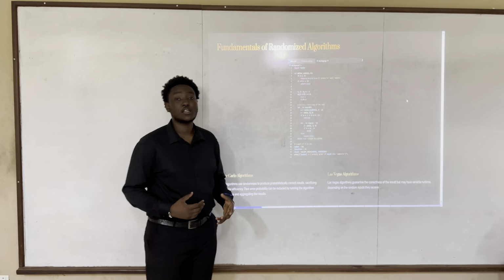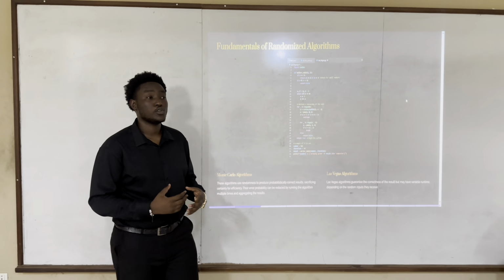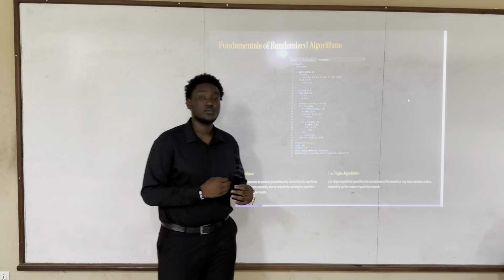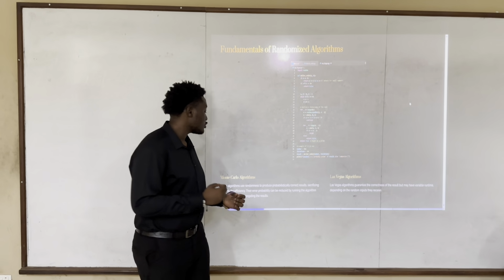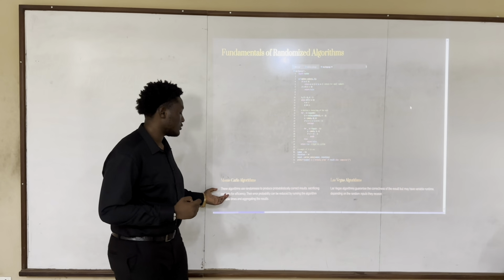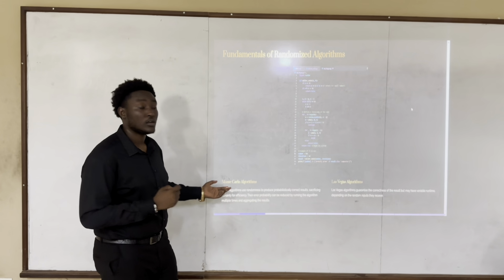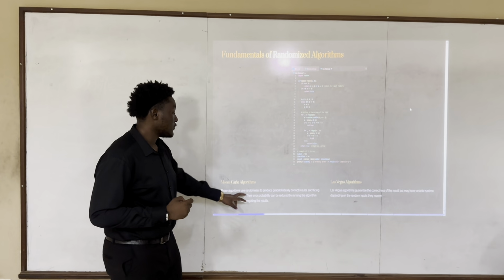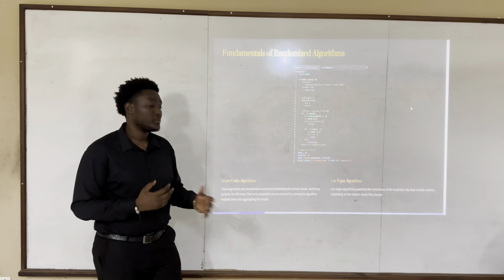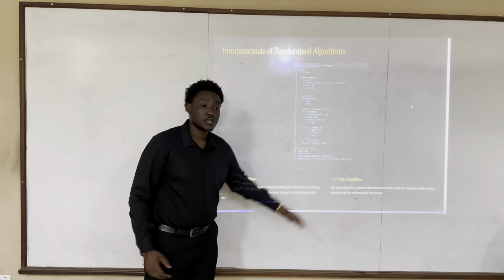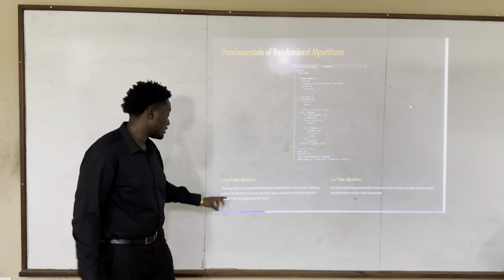Monte Carlo algorithms are a set of randomized algorithms that use randomness to produce a result that is probabilistically correct. They sacrifice certainty for efficiency, typically producing faster run times than their deterministic counterparts.